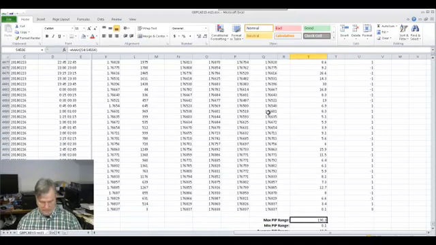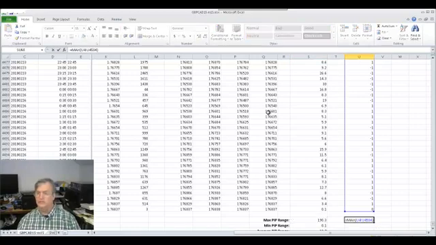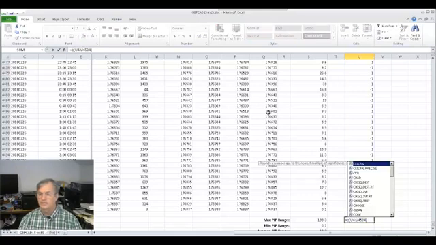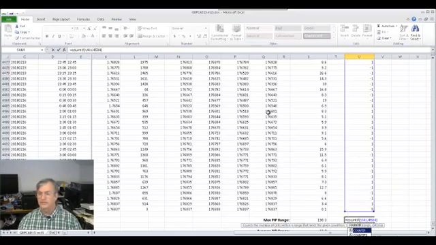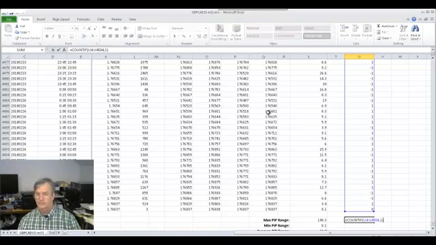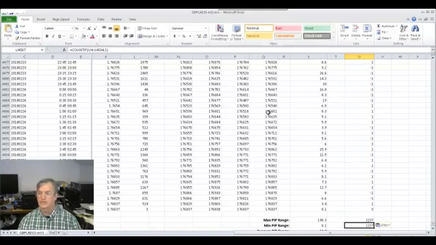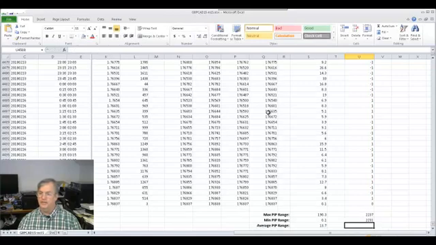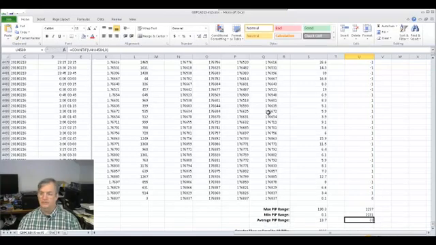So what can we do with this? I'm going to do a countif 1, then a countif -1, and a countif 0.